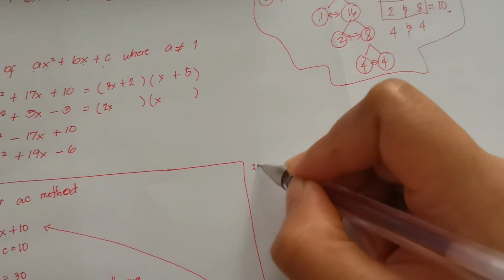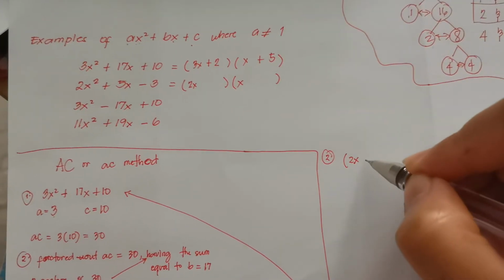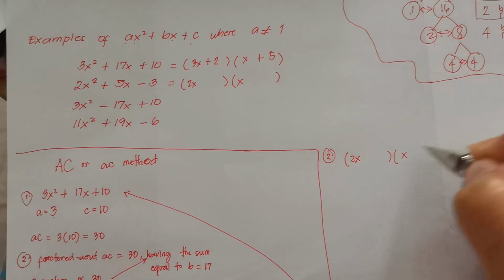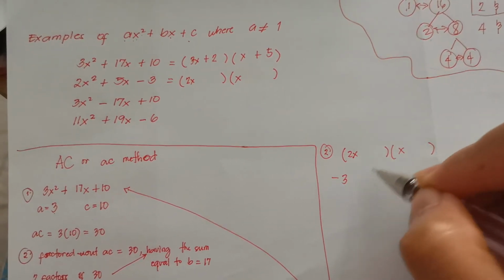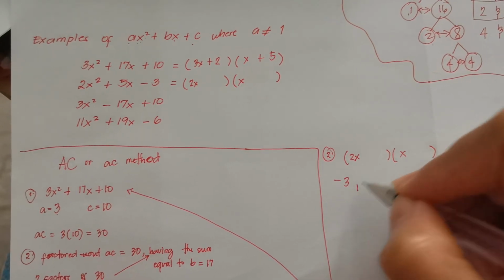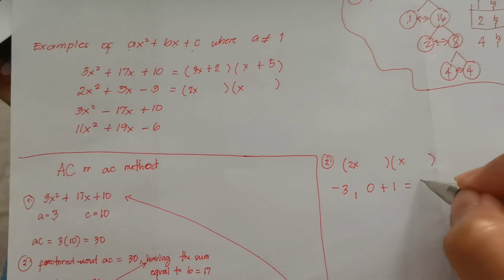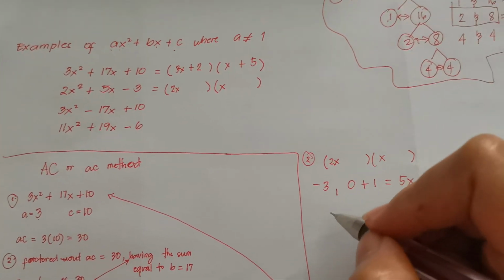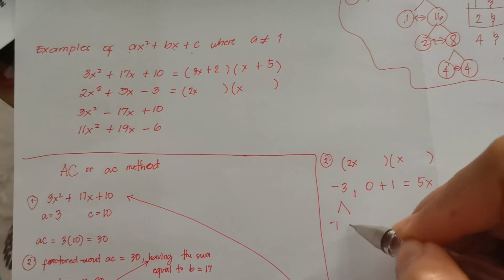So ang number 2 natin, may ara na kita factor nga 2x, then x on the other side. What we are looking for is the factors of negative 3 nga kung i-add naton si outer plus inner, may imo siya nga 5x. So, kung i-example, kung ibutang tadi, ang factor ni negative 3 is negative 1 and 3.